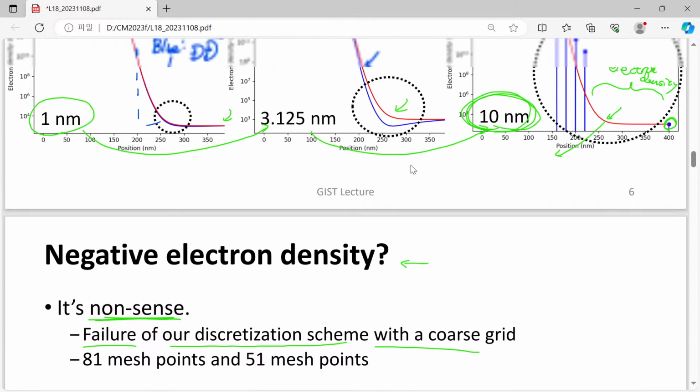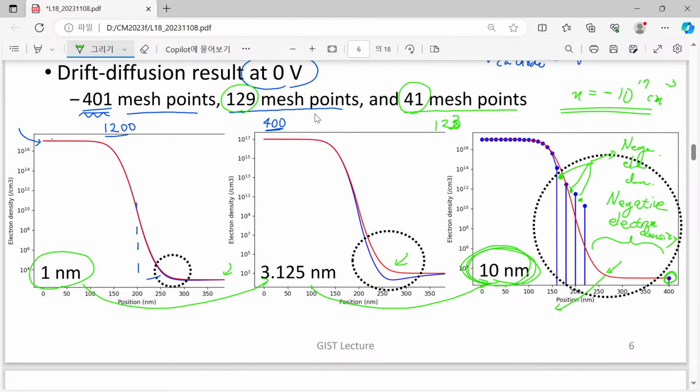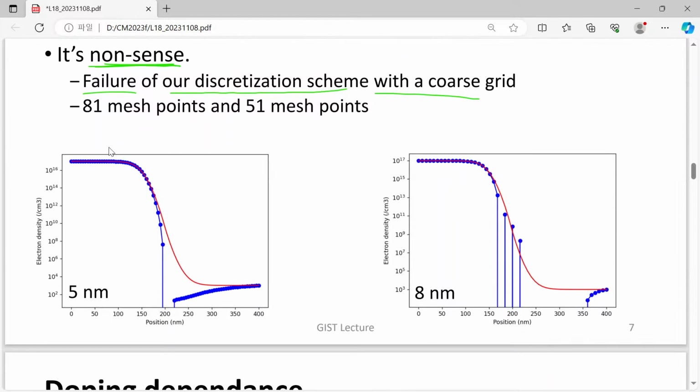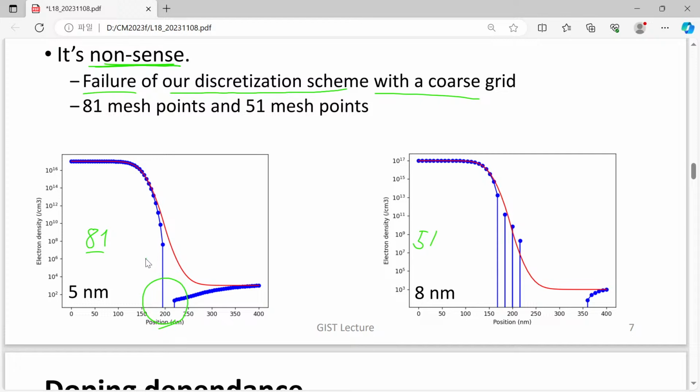Previously we had a sudden jump from 129 to 41 points, and let's have a look at what happened in between. If we have 81 points and 51, with 81 we just start to have negative quantities only here, and when we have fewer points, its failure region becomes wide.